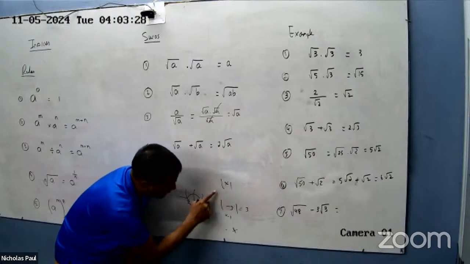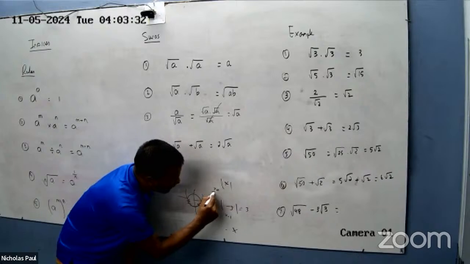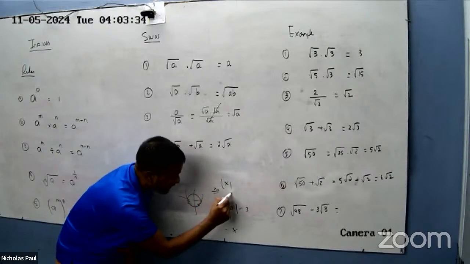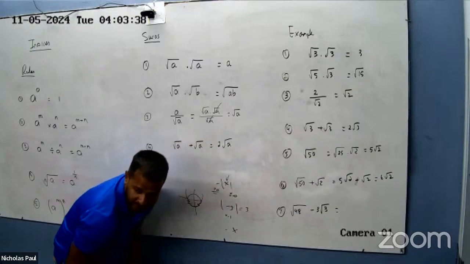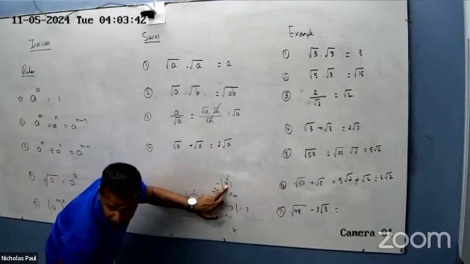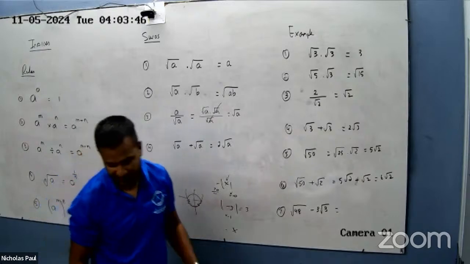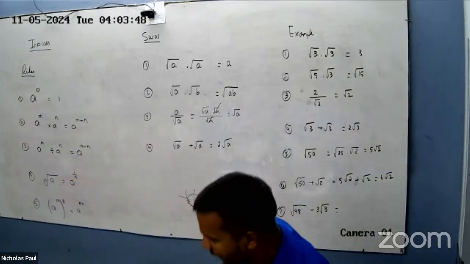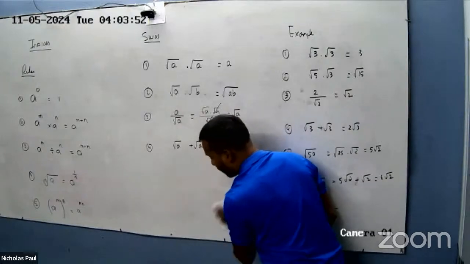This sign means that this value could be more than 0, everything is equal. But if it's less than 0, then I have to put a minus sign in front of this, because if this value was less than 0, it's negative. So what's the modulus? We want absolute values.